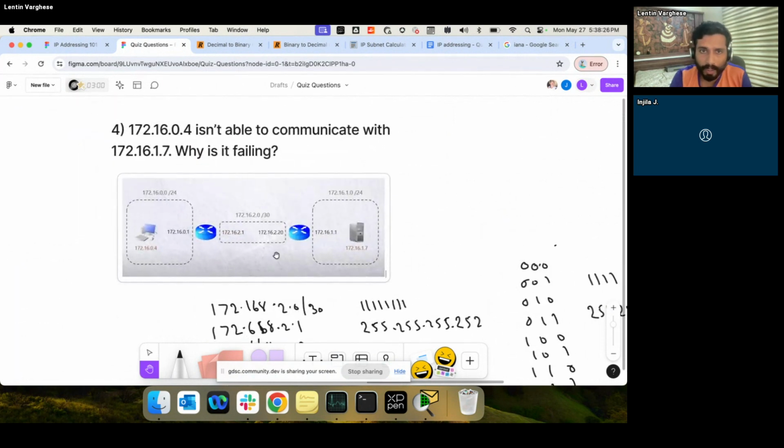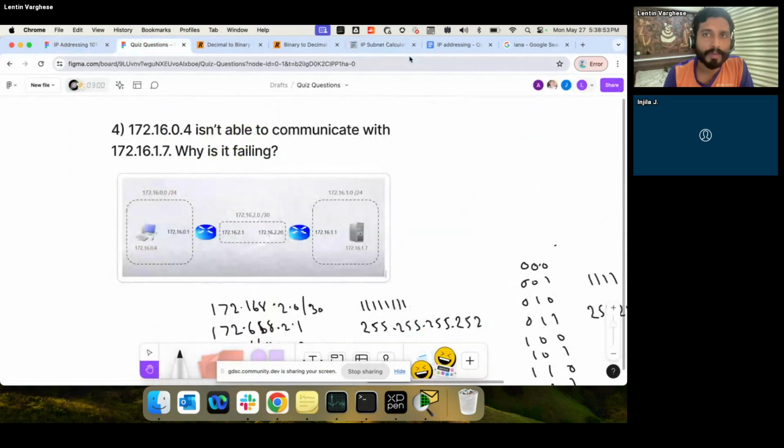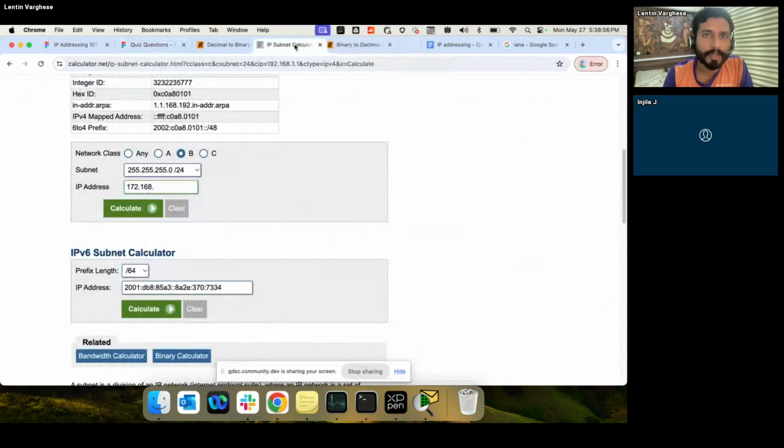So here the question was, why can't this computer communicate with this device in here? 0.4 to 1.7. Now in this network, it's a /24 network, right? Let's do everything with the IP subnet calculator, so no confusion. Class B, 172.168.0.0.